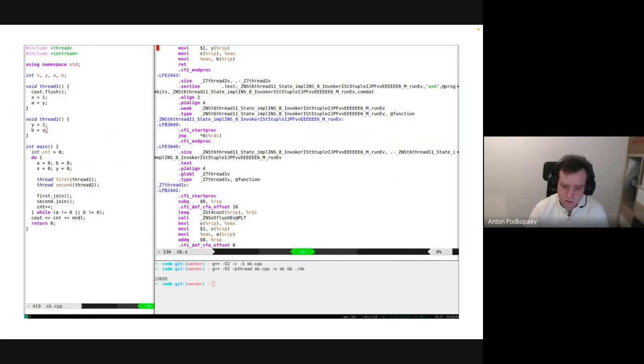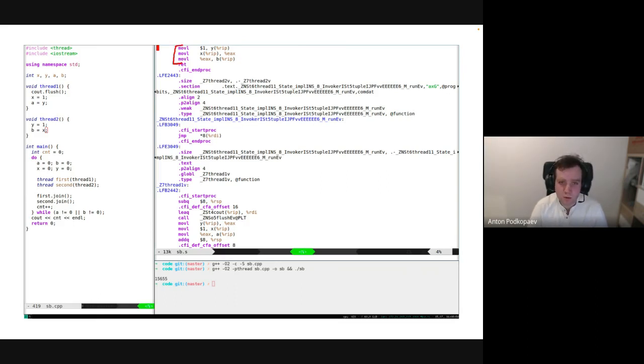Right. So in thread 1, as in the previous slide, we first write 1 to X, then read from Y. In thread 2, we first write 1 to Y, then read from X. So if we take a look at the corresponding assembly code, we could look at particularly these 3 assembly instructions.